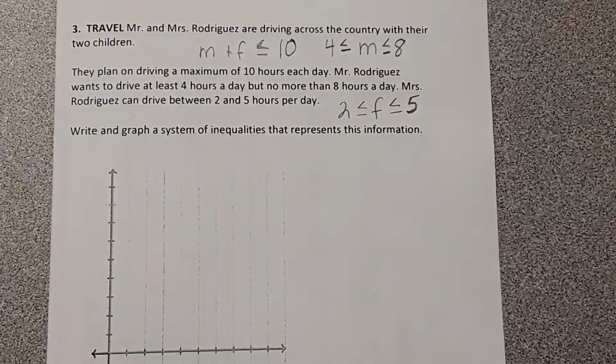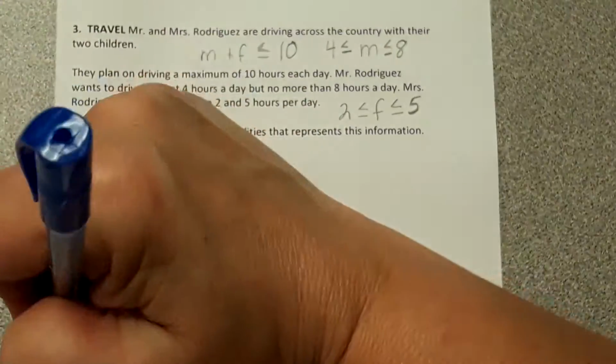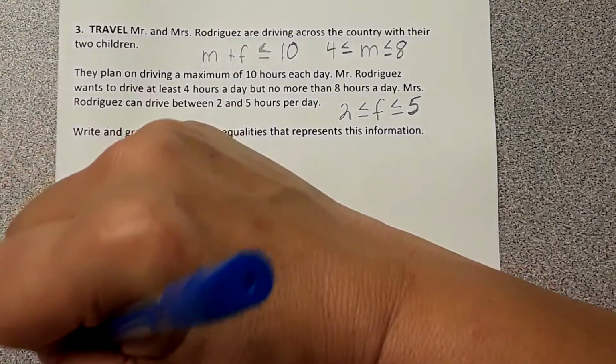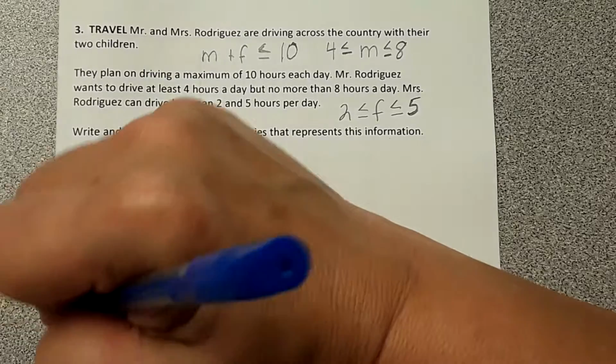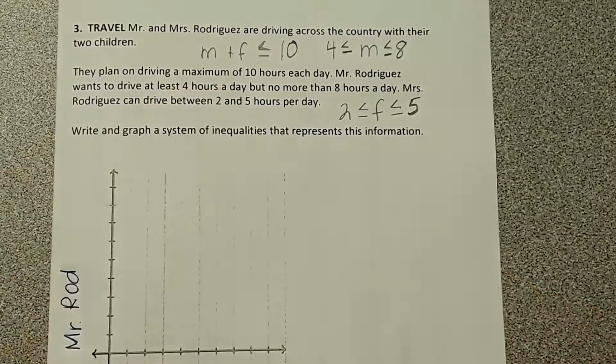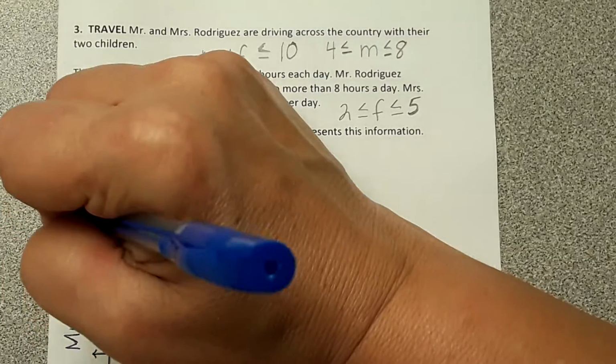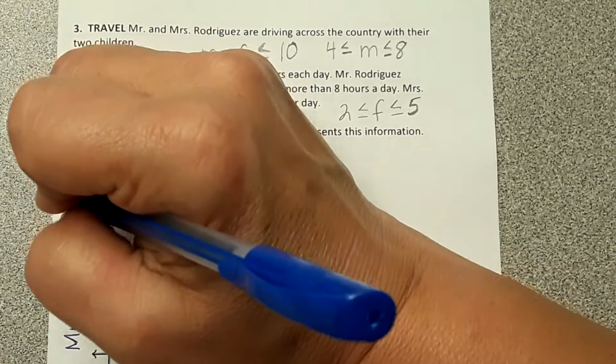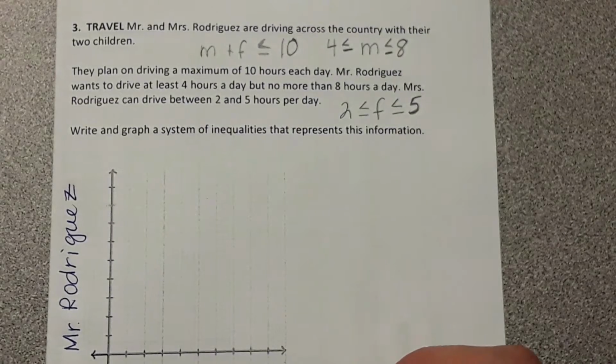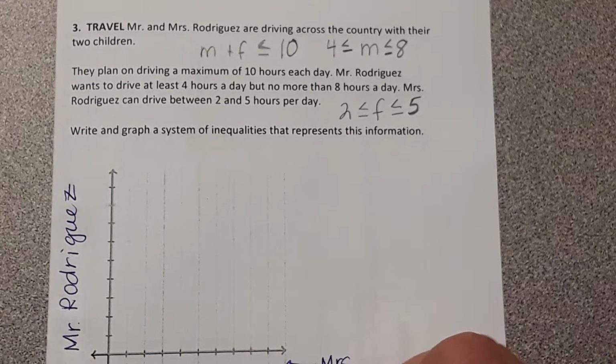So the first thing that we have to do is these are going to be ordered pairs, right? So we're going to have Mr. Rodriguez over here, and then at the bottom, we're going to have Mrs. Rodriguez.